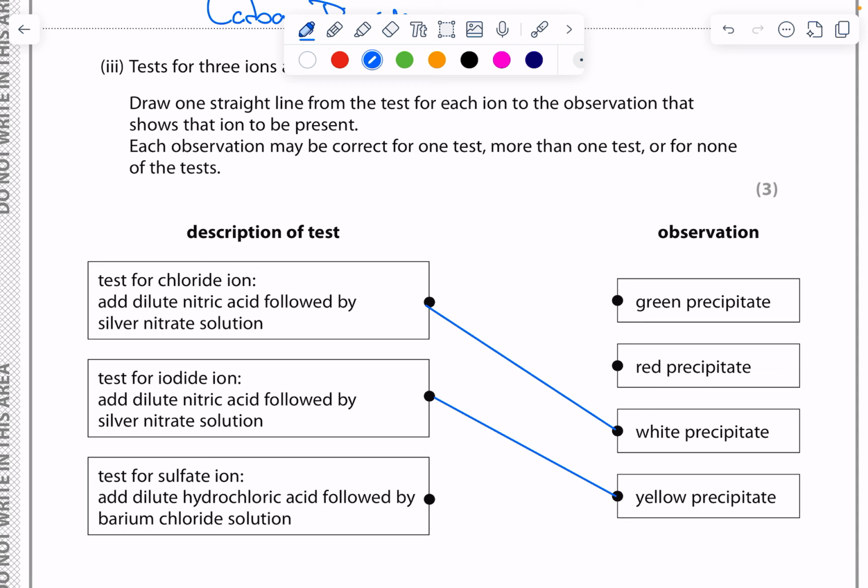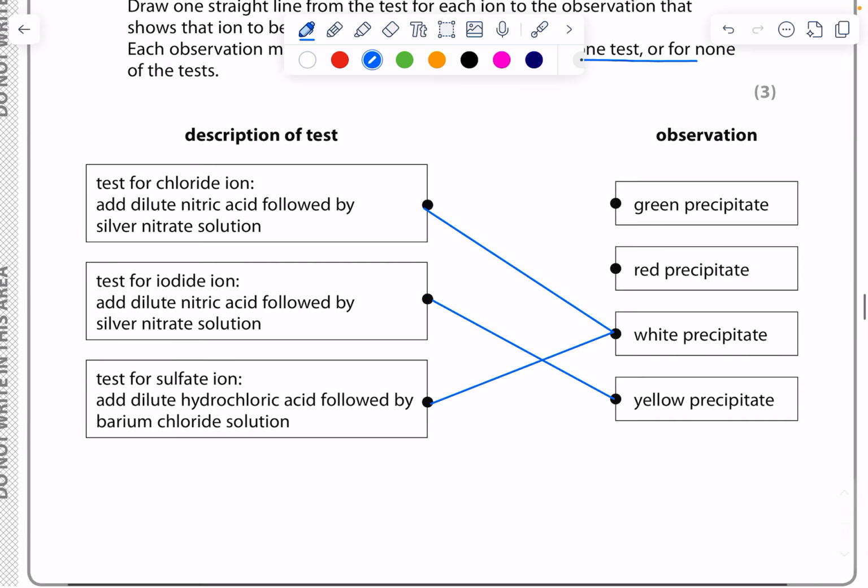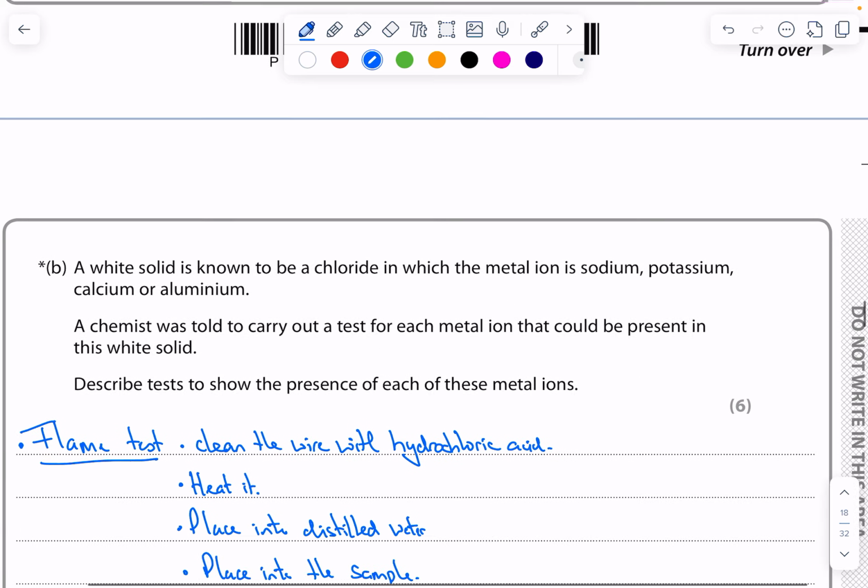We're adding barium chloride, which will then form barium sulfate, which is also a white precipitate. They have said to you that more than one of the tests could be used 2 or more times, so we're okay by doing what we've done, and there's 1 mark for each point in there.